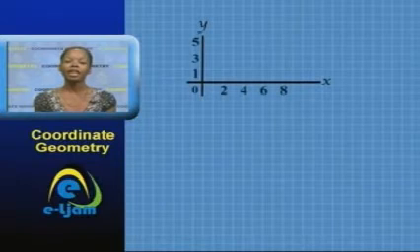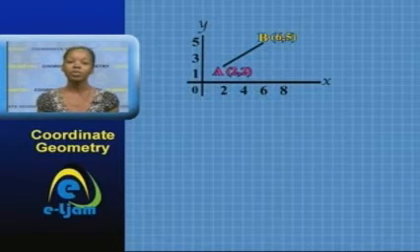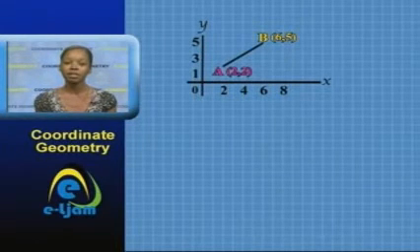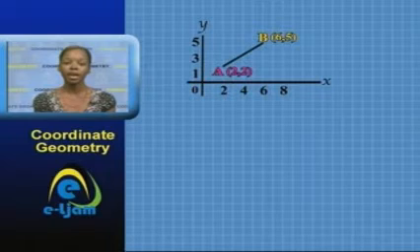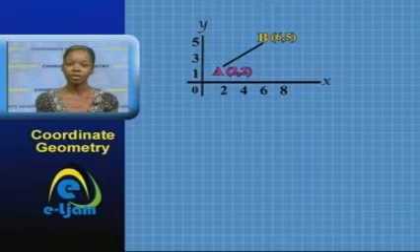So, if the line AB has coordinates 2, 2 and 6, 5 respectively, what would be its length? First, we assign values. x1 equals 2, x2 equals 6, y1 equals 2, and y2 equals 5.